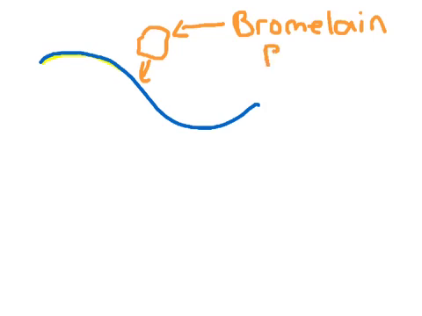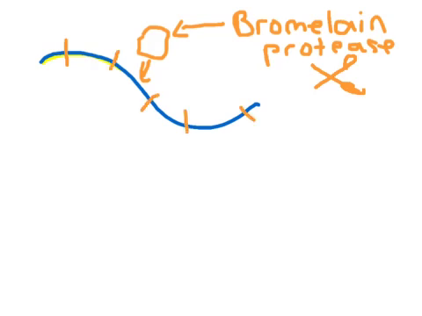It's a protease, and a protease is a protein digesting enzyme. So when it hits there, you're going to get cuts all along this area at certain sequences of amino acids. You can think of bromelain as being like scissors. So if I wanted to draw bromelain, another way to draw it might be like a pair of scissors. And everywhere that it decides to cut at certain amino acid sequences, it's going to do so.